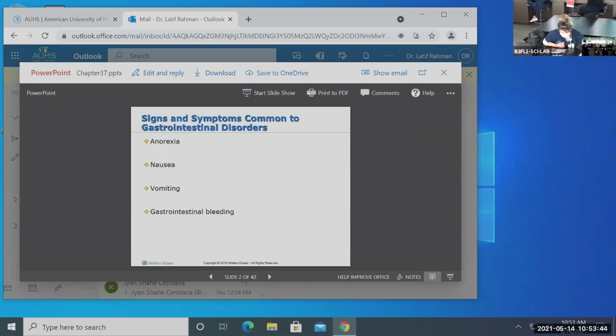Now, sometimes, this is my small intestine, a coil of small intestine, and one part of the small intestine is invaginating into the other part. Look at this one. This whole tube is the small intestine, one part going into the other. That is called what?